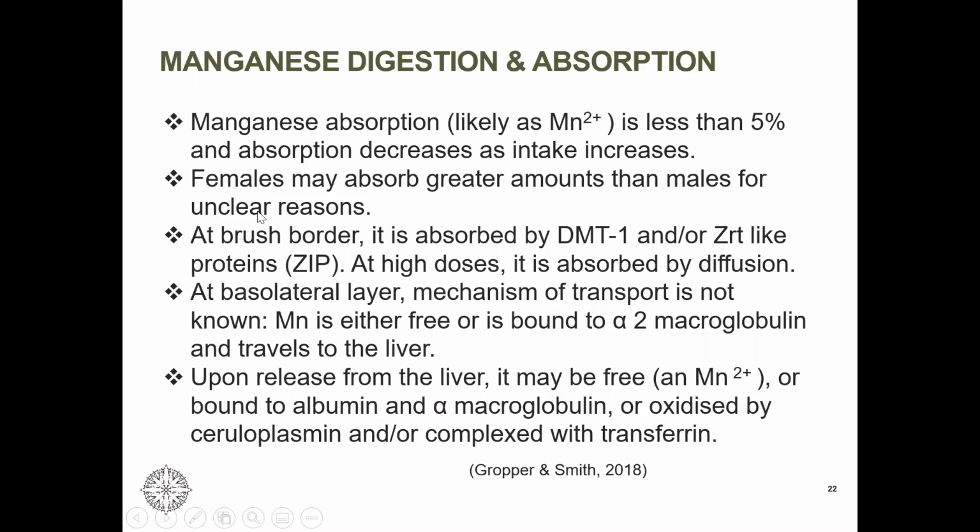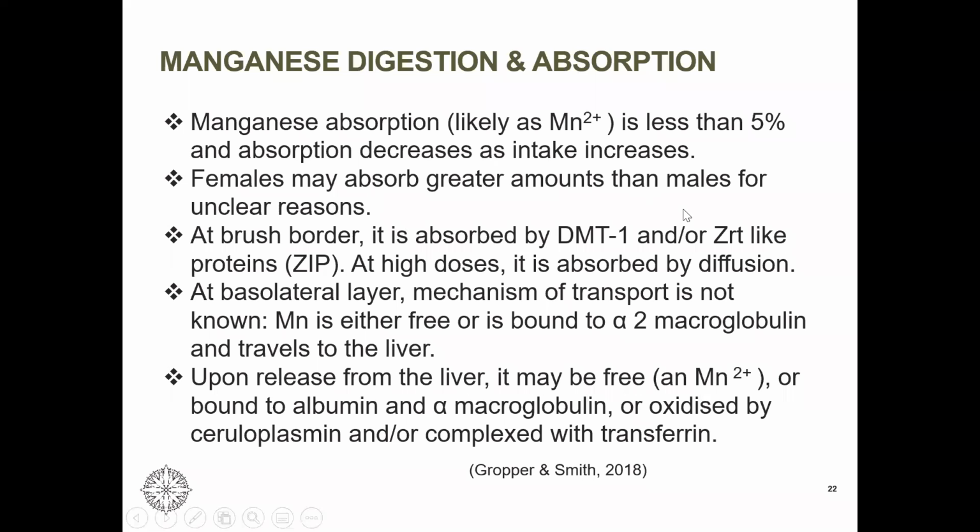Now manganese absorption occurs as Mn2+. We don't know why, but it has been noticed that females absorb more manganese than males. A mystery. Though we may all try to understand it through something, it's tricky. Then at the brush border, the same divalent metal transporter 1 absorbs it.